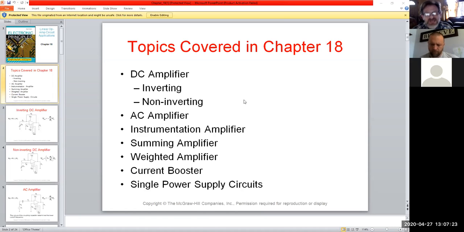We start off with the DC amplifier, inverting and non-inverting, and then we'll look at the AC amplifier, and then a couple of application circuits like the instrumentation one, the summing, a weighted one, a current booster, and even a simple single power supply circuit.